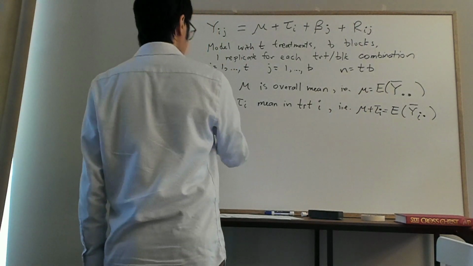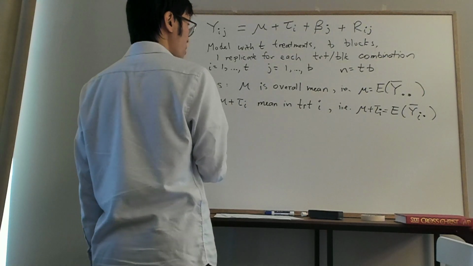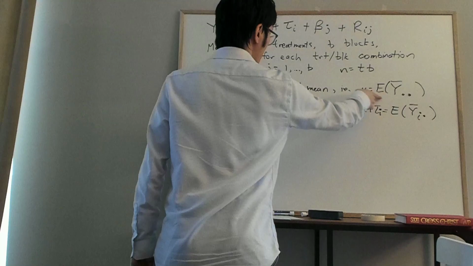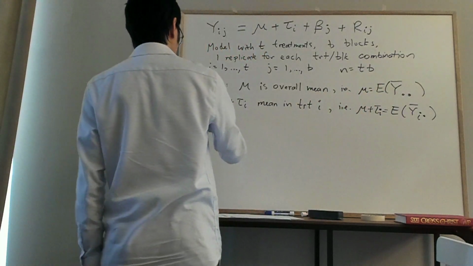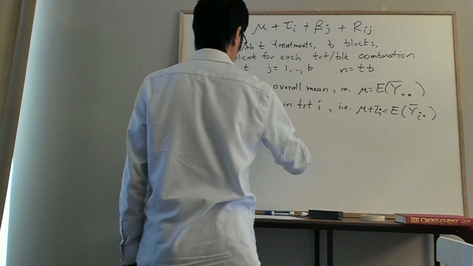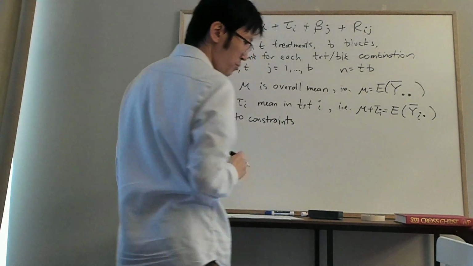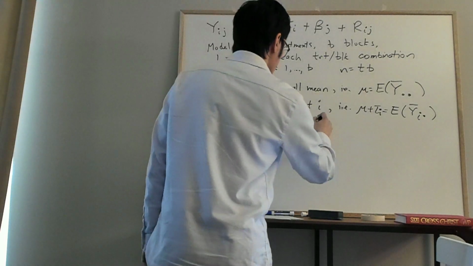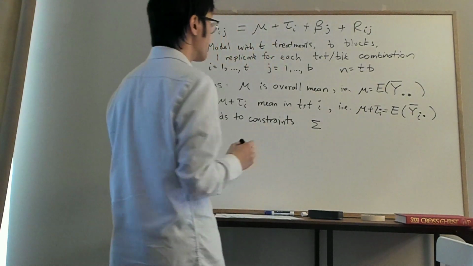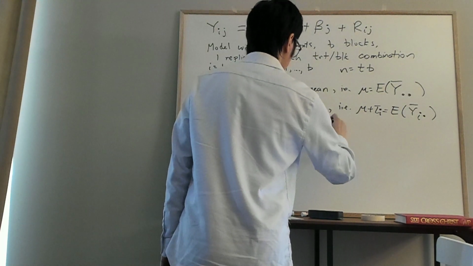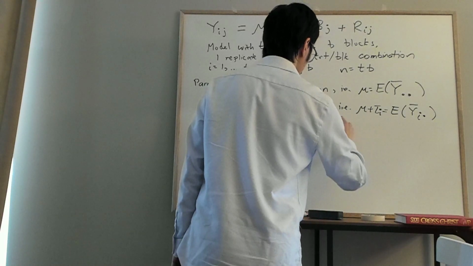If we work out this math and set this expectation equal to mu, this leads to two parametric constraints. The first one is a constraint on the tau: the summation of tau i is 0.